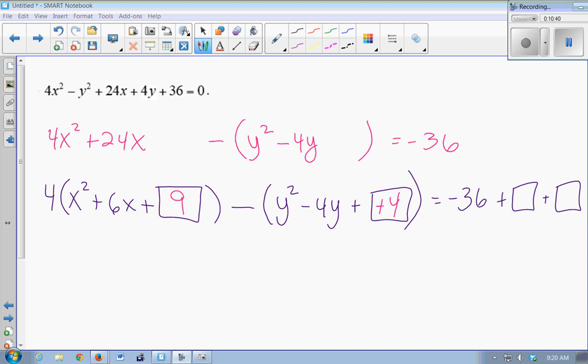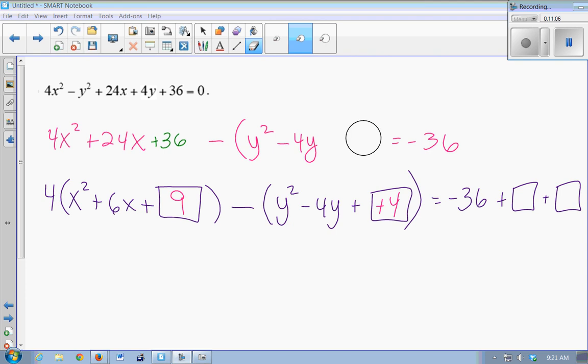So over here on the left, when you distribute the 4 to get the 4x squared plus 24x that we had up here, we're going to actually have plus 36. So we actually added 36 here, not just 9. That's the little wrinkle when the coefficient is not 1. And over here, it looks like we added 4.